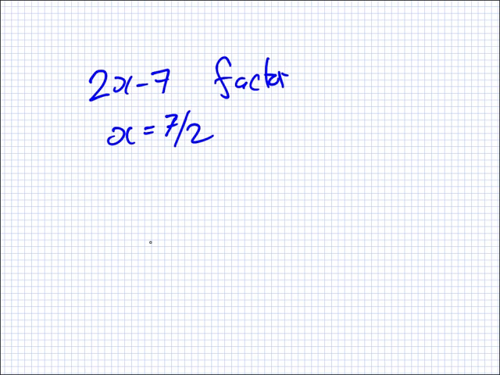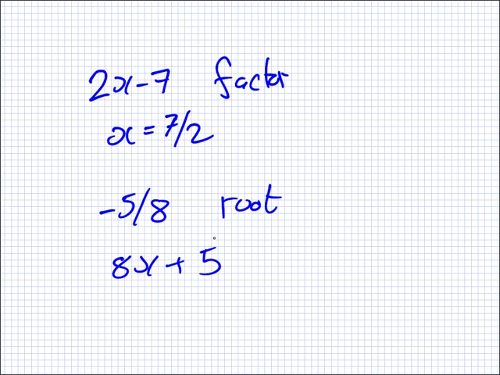And likewise, if I said to you minus 5 over 8 is the root, what's the factor? Very good, 8x plus 5 then. You just need to be comfortable making those quick changes. It's useful to do.